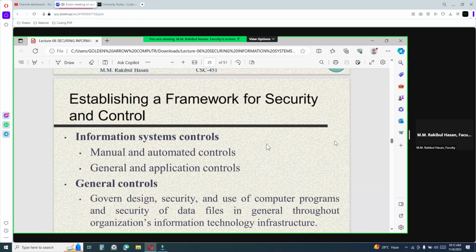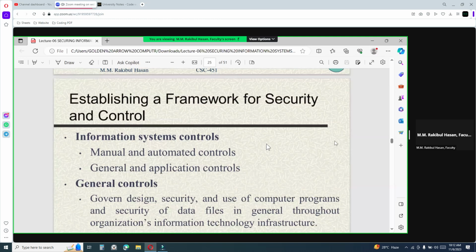But here they are discussing an information security framework. With the help of this framework, with the help of this guideline, we can ensure the security of our information system. So this question is very, very important for your examination, midterm or final.